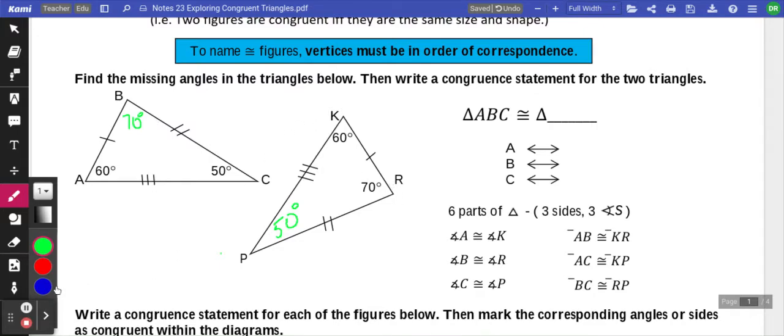And not only that, but these angles' locations are in the same position. So if you look at 50 right here, you'll notice that it is between the marked sides of 2 and 3. So the side that has 2 markings and the side that has 3 markings, the 50 degrees is in between that.